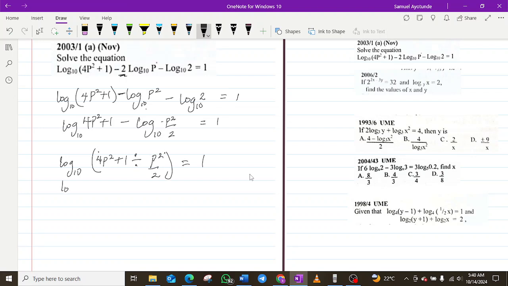So from here I have log base 10 of 4p squared plus 1 times 2 over p squared is equal to 1. When we multiply, we reverse the fraction. So we have log of 2 times the bracket 4p squared plus 1 all divided by p squared is equal to 1.